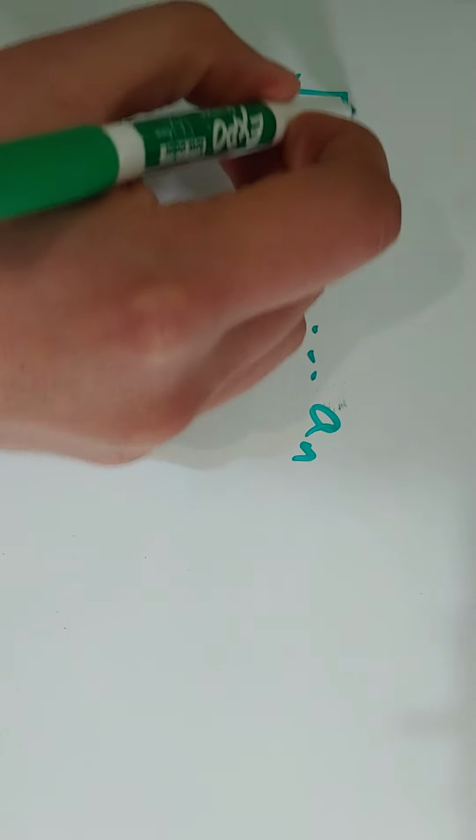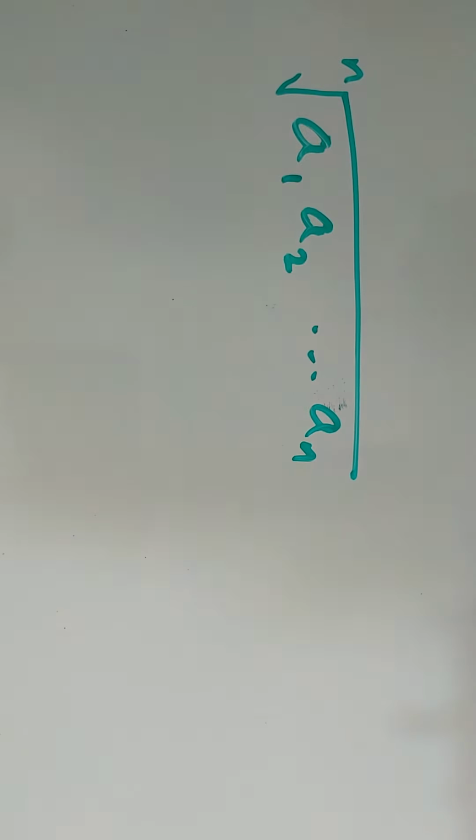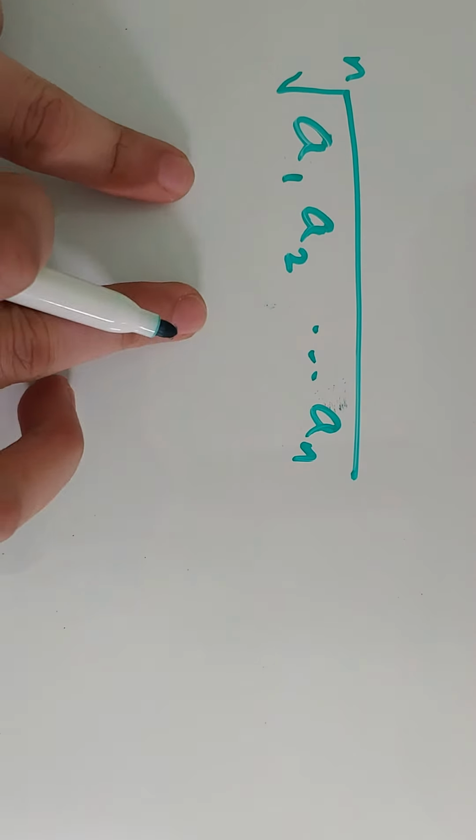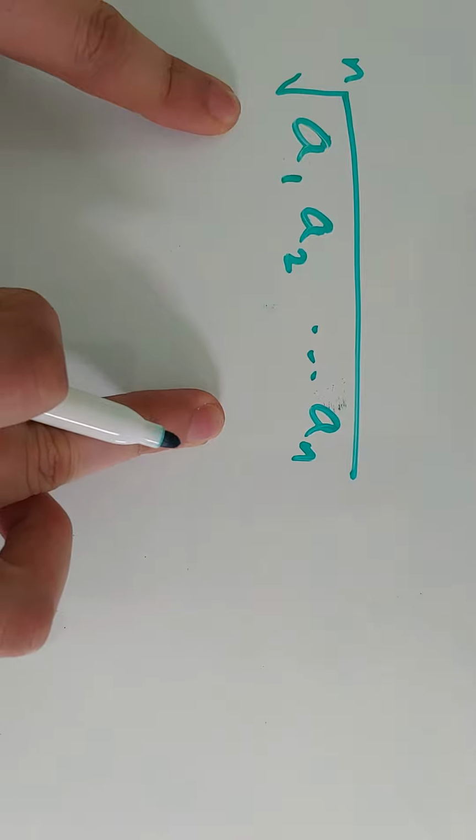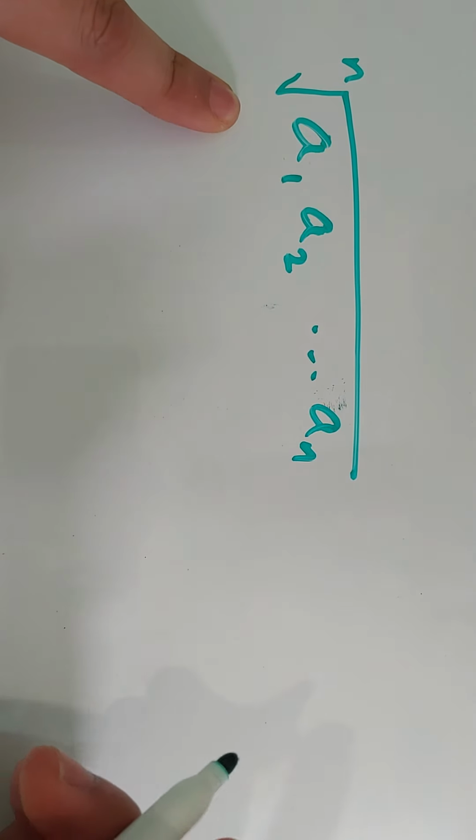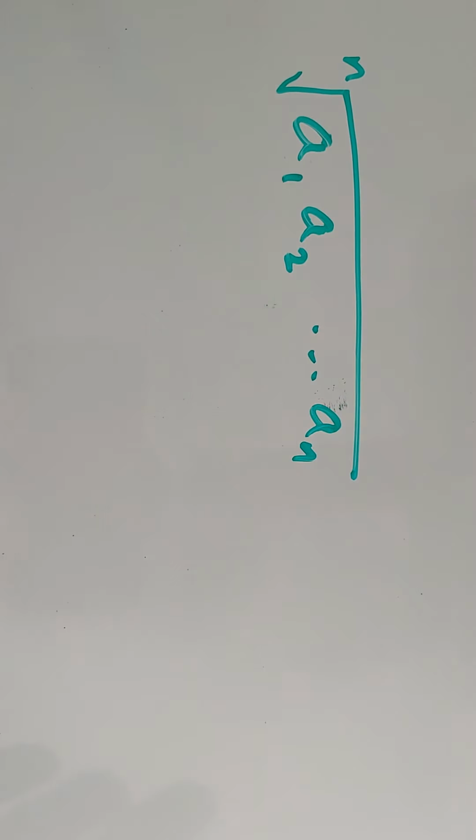And now we want to somehow normalize this for the number of terms there are. So instead of dividing by n, since we're multiplying over and over again, let's take the nth root. Okay. So this is the so-called geometric mean, in contrast with the arithmetic mean, which you all know and love already.